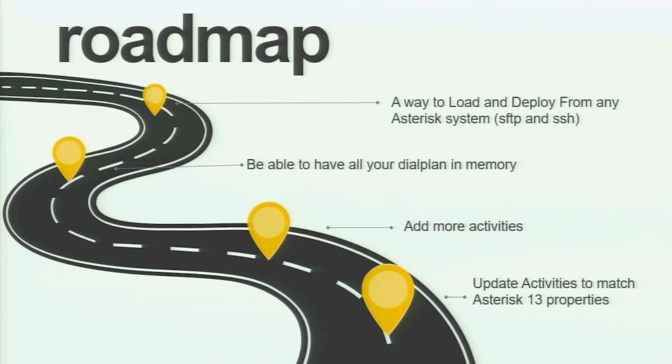And then basically match all the properties depending on the version of Asterisk. Also, we can decide which versions of Asterisk we want to support in the designer, so we can maybe put some kind of configuration to reflect the properties for each version of Asterisk.